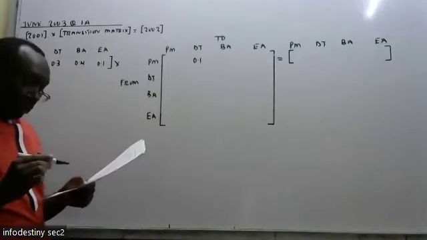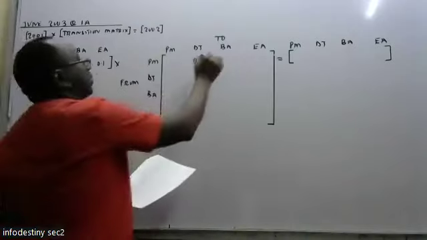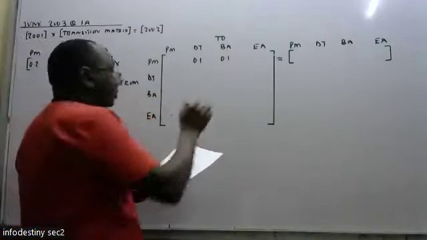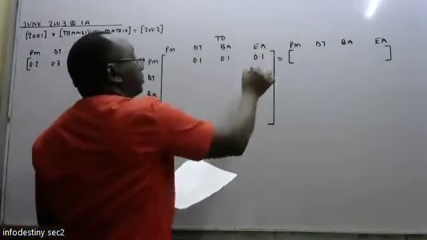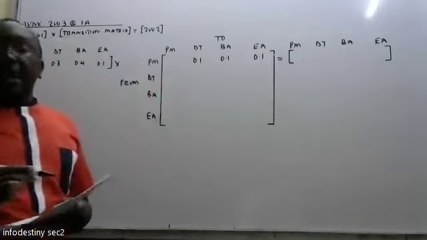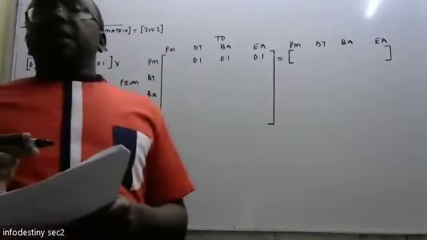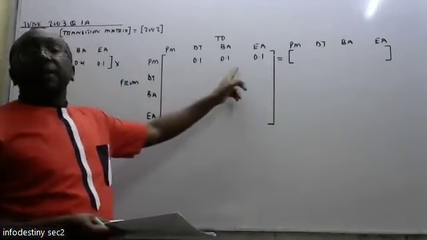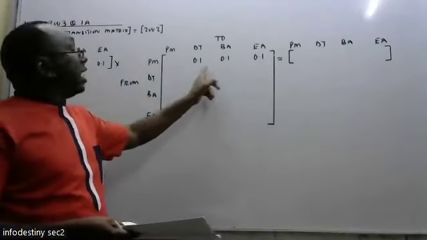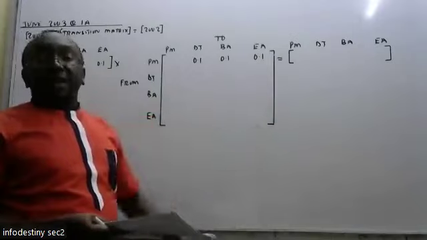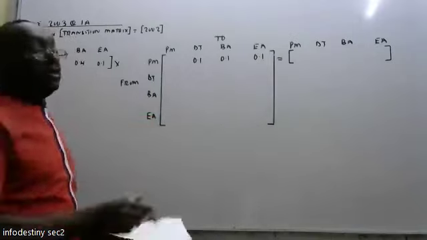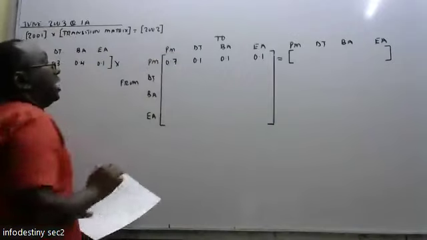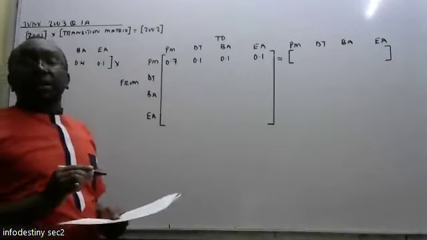And those who went to BA, 0.1. Those who went to EA, 0.1. Then you remember, I've just told you that these values must add to 1. These are losses now, so the value that remains is the retention. So that must be 0.7 so that we are able to add to 1.